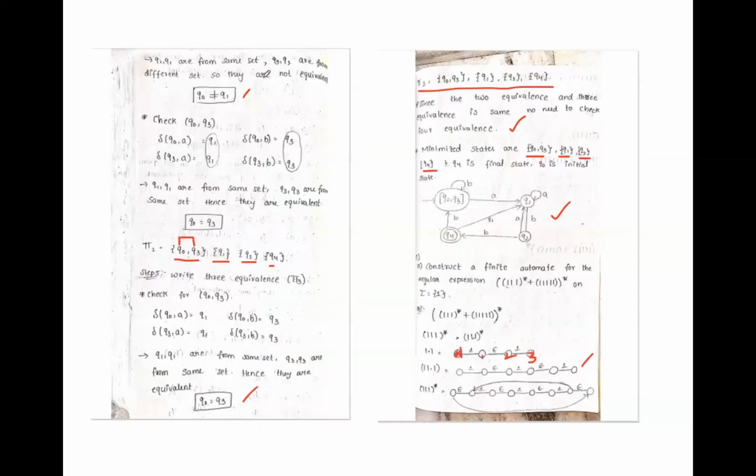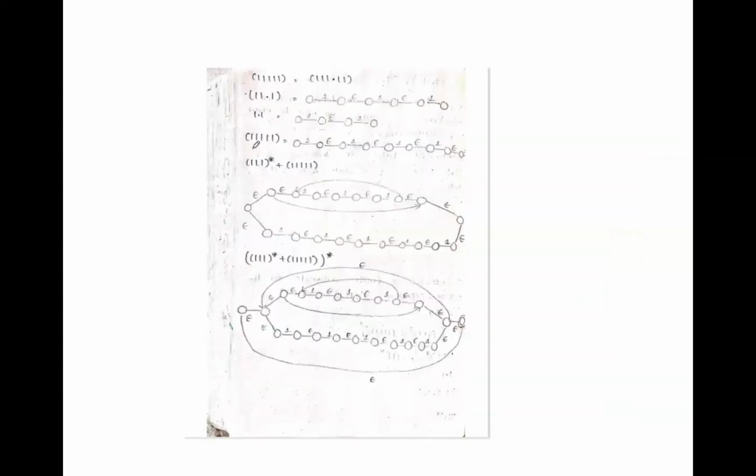Then if you take the second part, these 5 ones, they can be represented like this: 1 epsilon, 1 epsilon, 1 epsilon, 1 epsilon, and so on. So we need to get all 5 ones. This is the representation for all 5 ones, and this is the notation for (111)*. So we need to add both of them together. So what is the first rule?